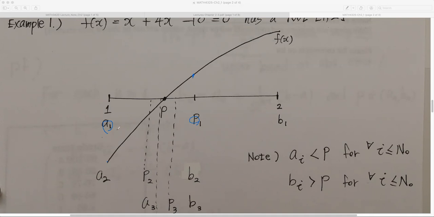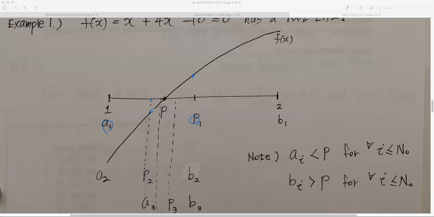So now we set a1 as a2 and p1 as b2. Then we find the middle point between a2 and b2. Let's say this is p2, the middle point between a2 and b2. Now we figure out the sign of f of p2. So we evaluate f at p2, and the sign of f of p2 is negative, right?